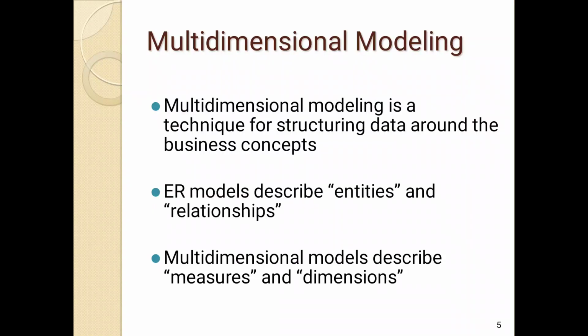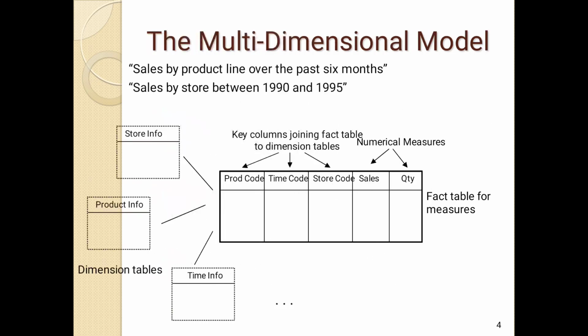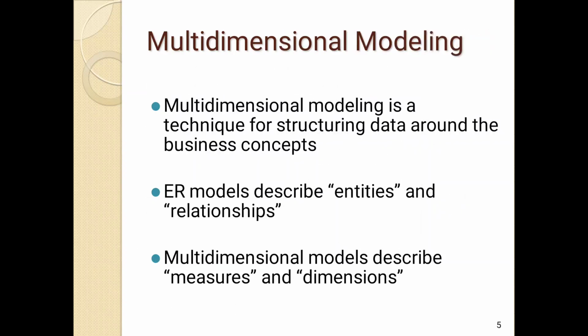Here the multidimensional model describes the measures and the dimensions. See the previous slide, the fact table for measures. How many data you are taking, you are going to see.